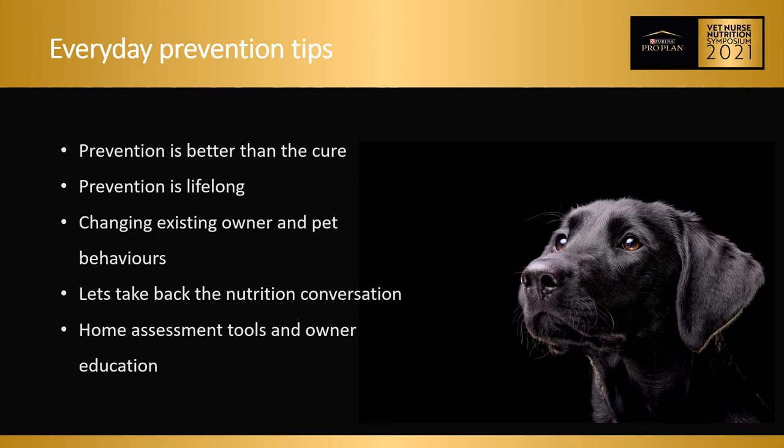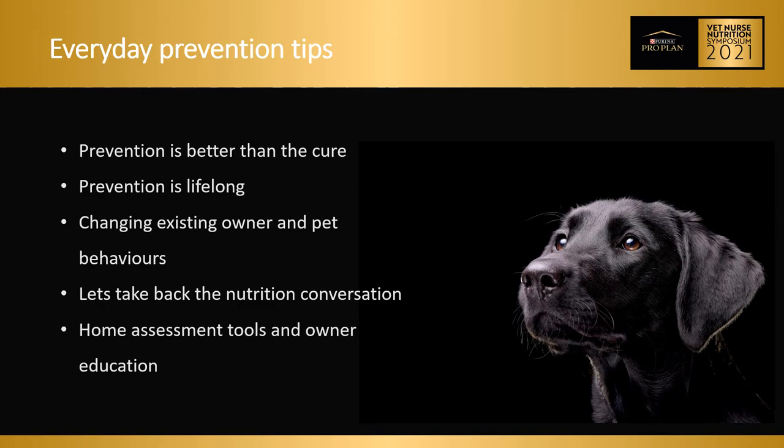So we really need to think about this, and we should feel really confident that owners do want us to provide nutritional recommendations, and focus on dogs and cats maintaining a healthy weight should be a key priority. So really we need to take that nutritional conversation back. Owners want it, so let's give it to them.